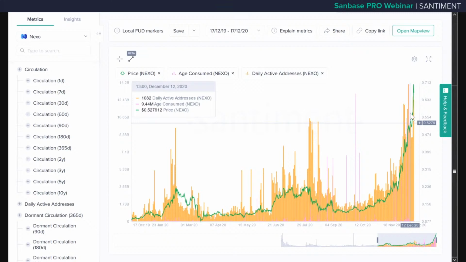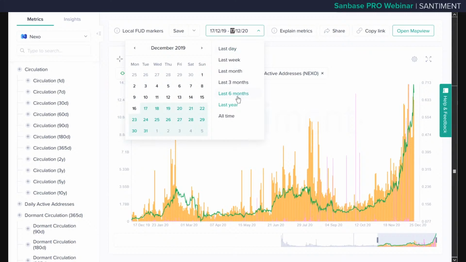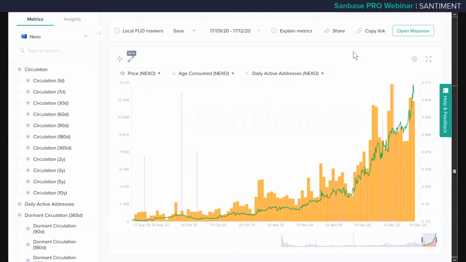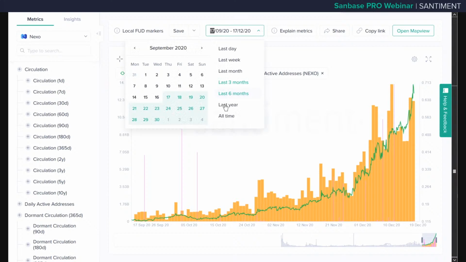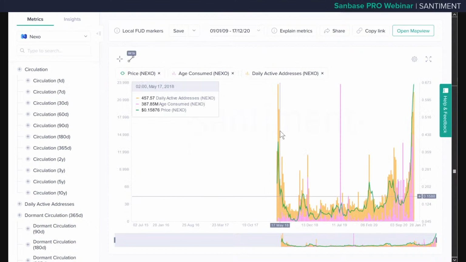If you increase it a little bit, like take the last 3 months, you see on the 10th of December, I think it was, there was a top, and there we built a very high value of active addresses. Now, if today or tomorrow we do not break this all-time high in active addresses, you can assume the rally is dying out, or already has died.